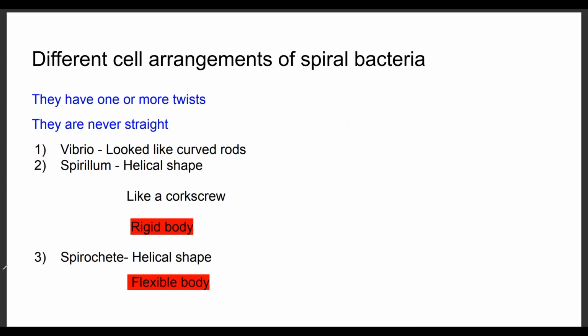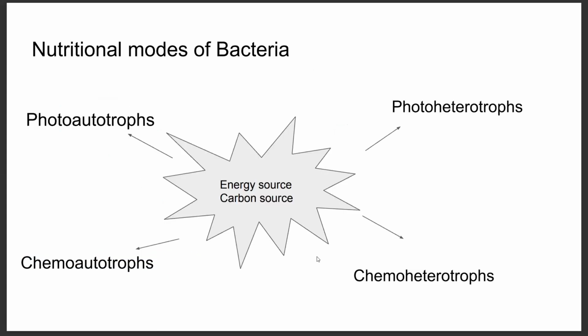Now next one. Nutritional modes of bacteria. We just discussed the morphological diversity. Now nutritional modes. Based on the energy source and carbon source they use to obtain their food, we can categorize bacteria into 4 groups: photoautotrophs, photoheterotrophs, chemoautotrophs, and chemoheterotrophs.